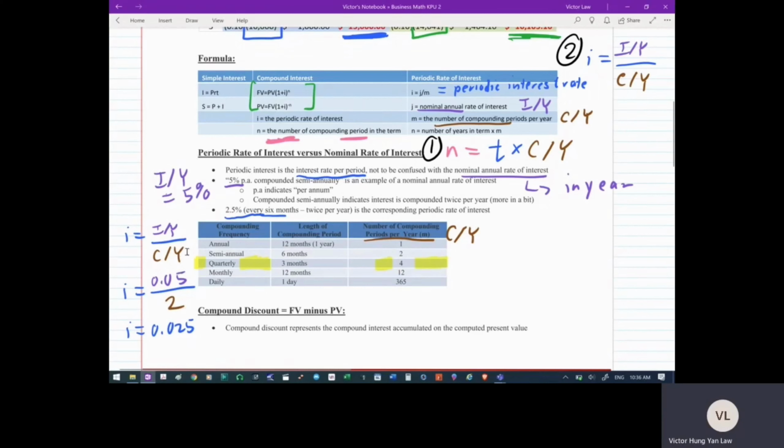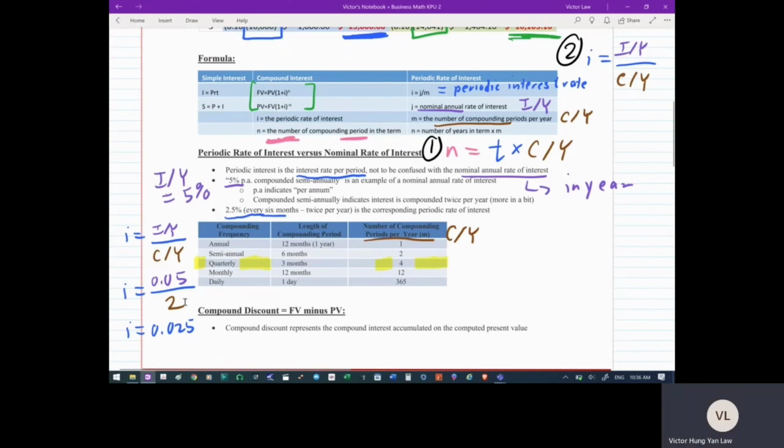And then your C/Y is your compounding per year. In our example, our compounding is semi-annually, so in 1 year we have 2 compounding periods. Semi-annual means 6 months, so in 1 year we have two 6-month periods. That's why our C/Y is 2.